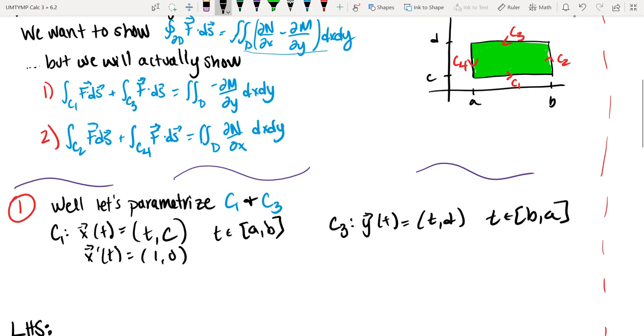It just means that you're starting here and ending there. Okay, and then y prime here is equal to (1, 0).